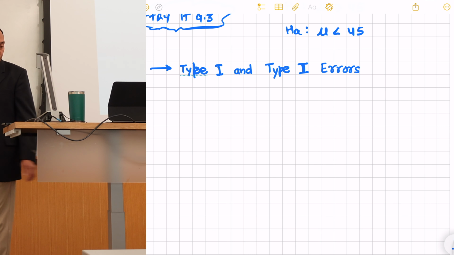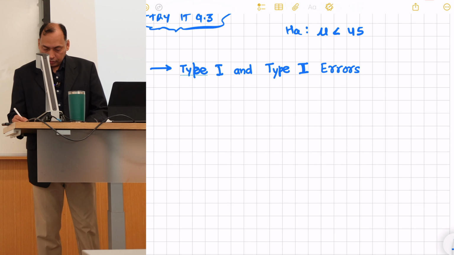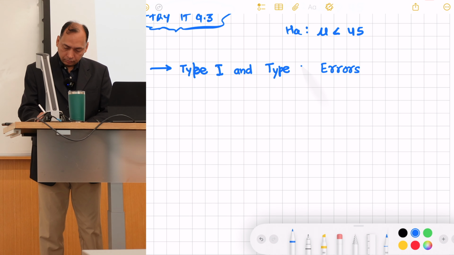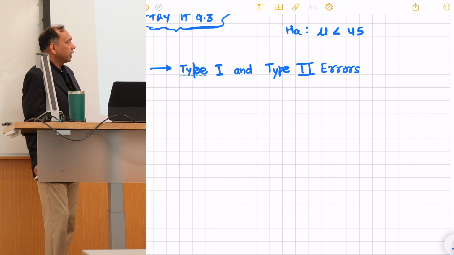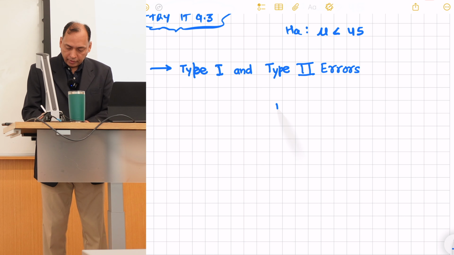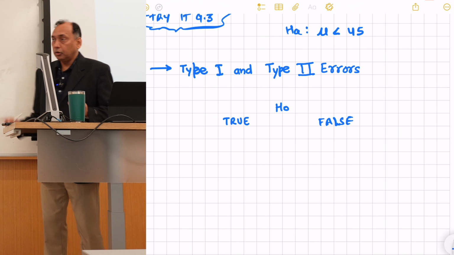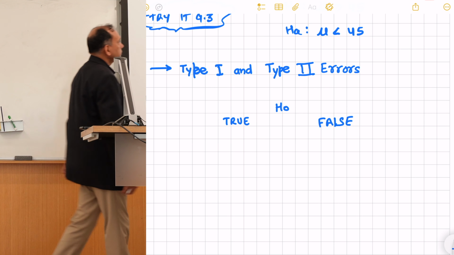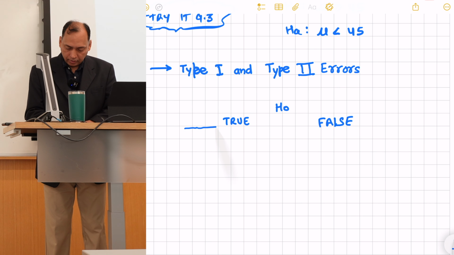There are 2 types of errors that you may come across: type 1 and type 2. So I'll make a 2 by 2 table here. Let's say your null hypothesis HO is actually true or it is actually false. Only 2 things are possible, either your null hypothesis is true or false. So suppose that is the reality.